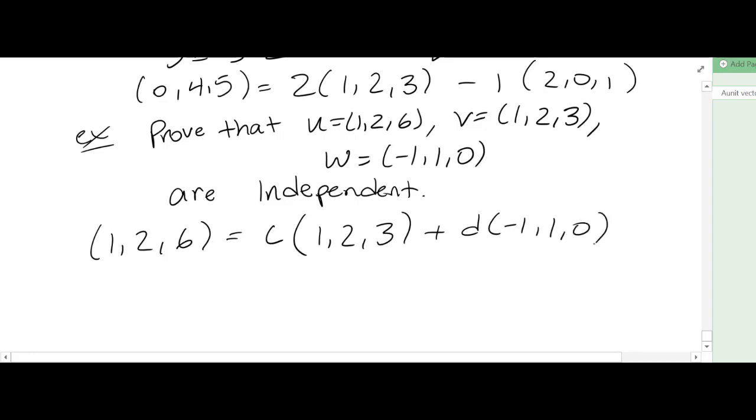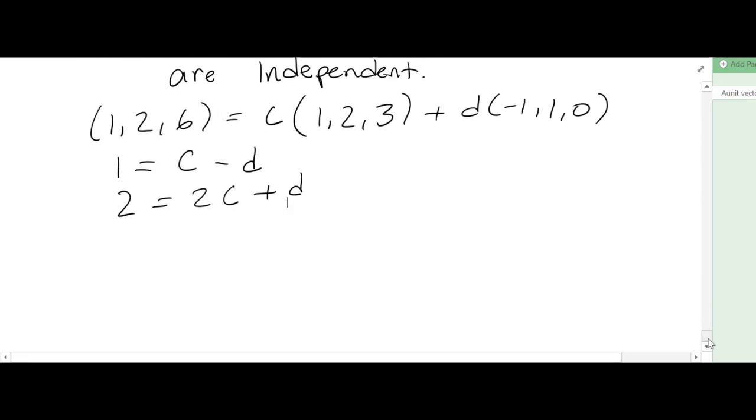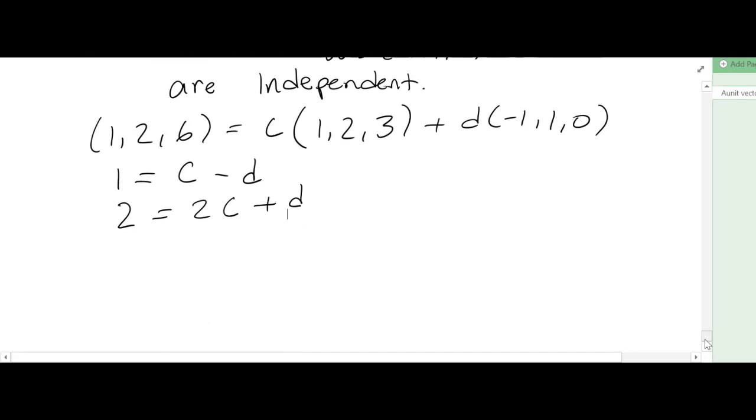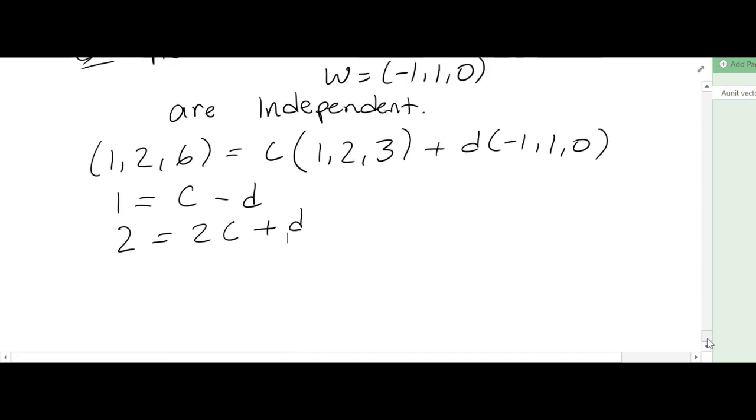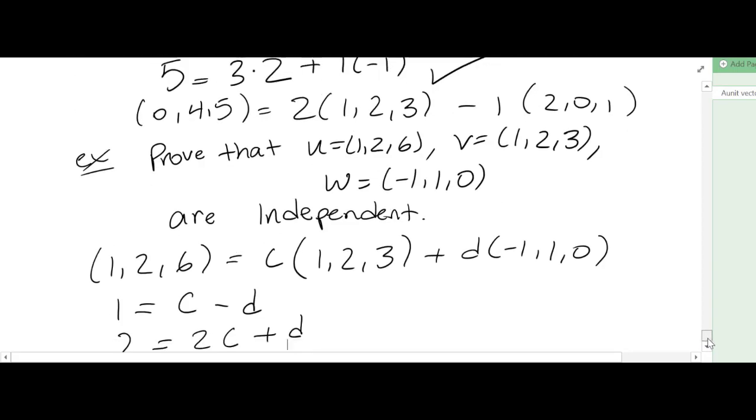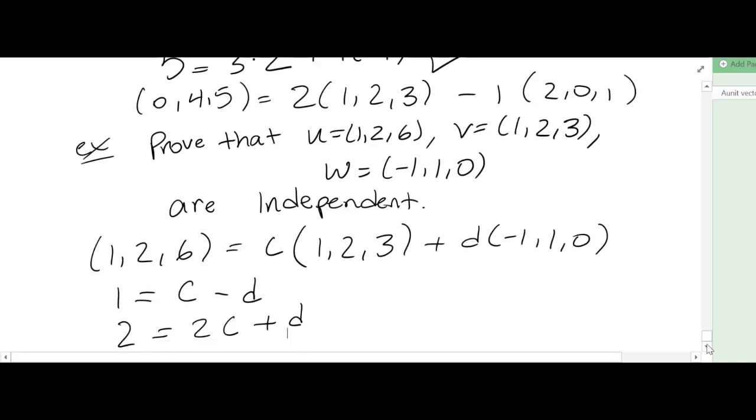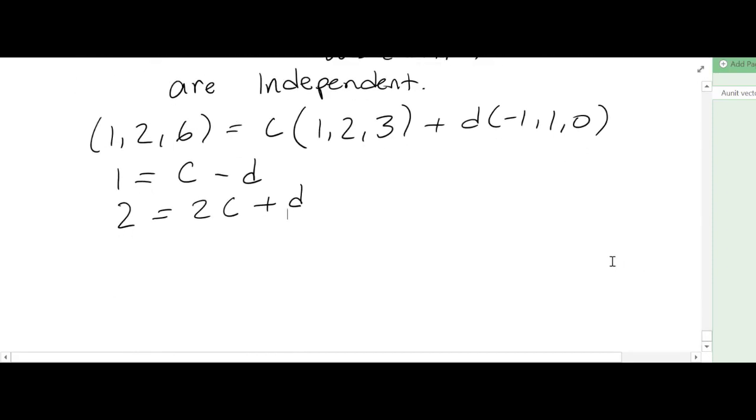And try to solve it for c and d. So we have 1 is c minus d, 2 is 2c plus d, and 6 is 3c plus 0d.